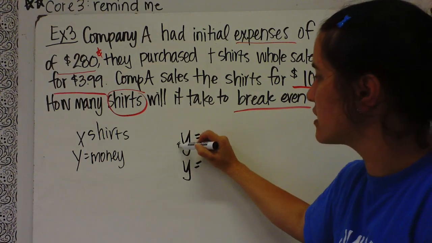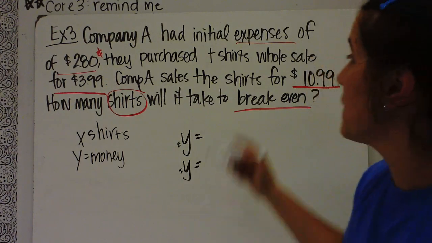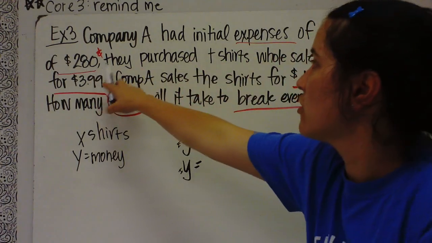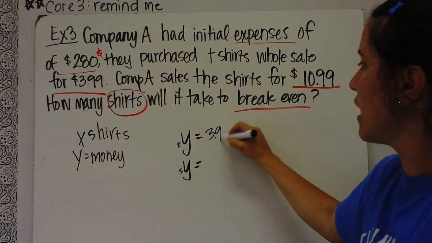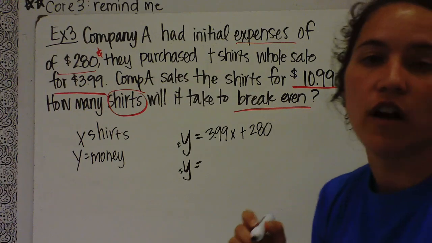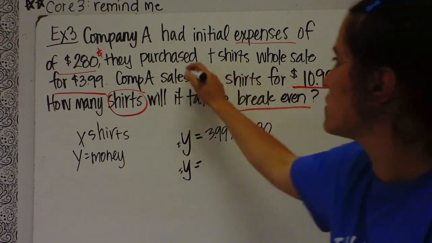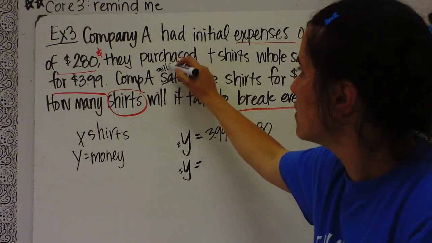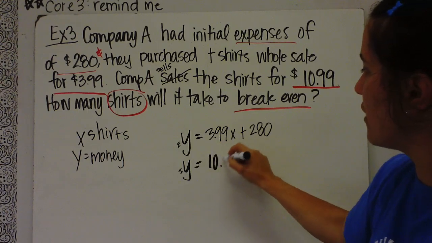Y1, Y2, we have an expense and an income. The problem tells us the expenses are $280 and they purchased t-shirts for $3.99. So $3.99X plus $280. Those are all the expenses. Then they're going to turn around and sell, not sales, they sell the shirts for $10.99.